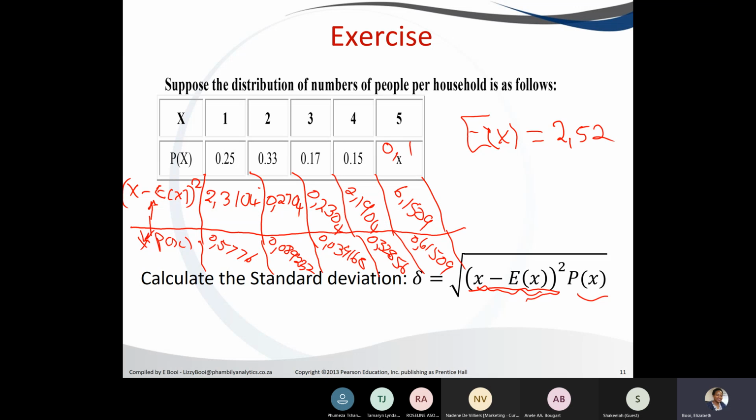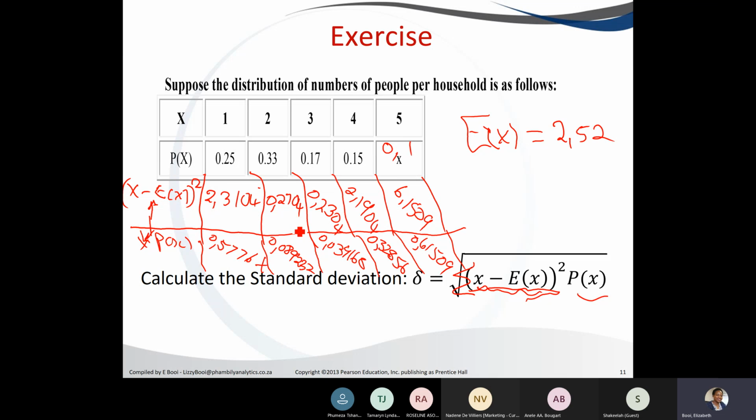Now, since in this formula I'm missing the summation, since the variance is the sum of your x minus the expected value squared times the corresponding probability, we're going to use these values here at the end.